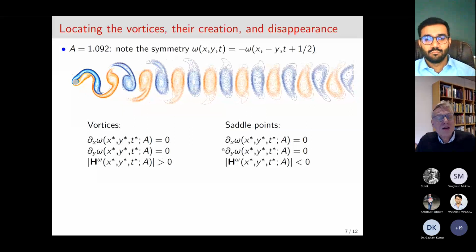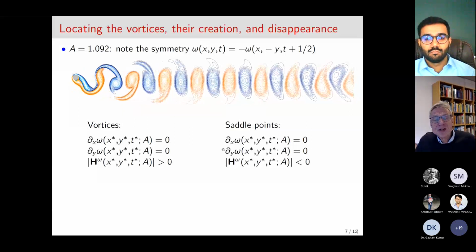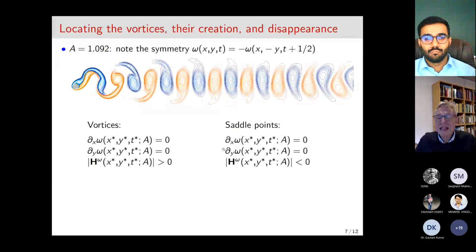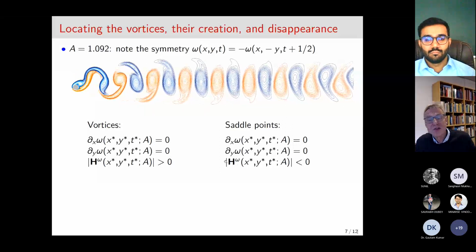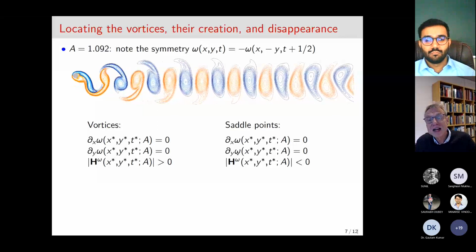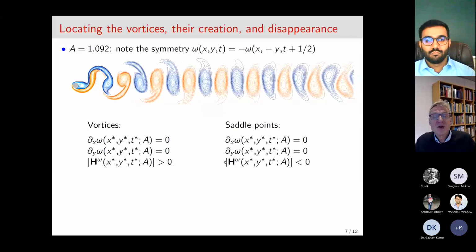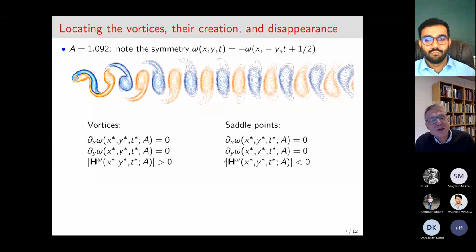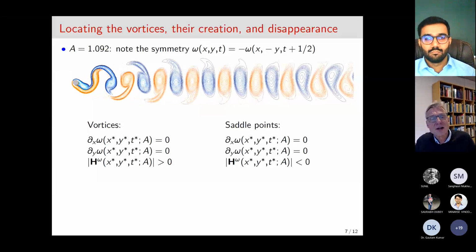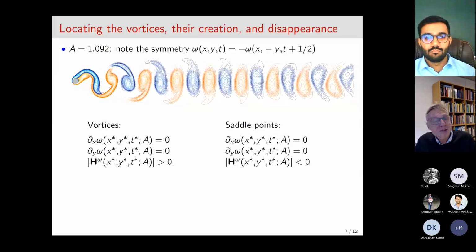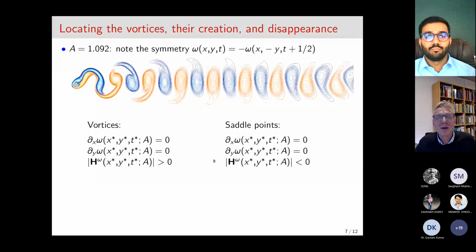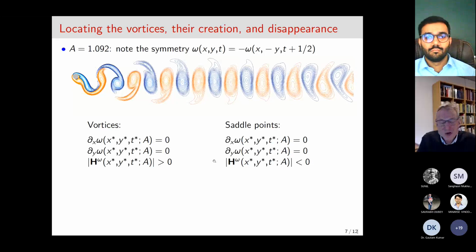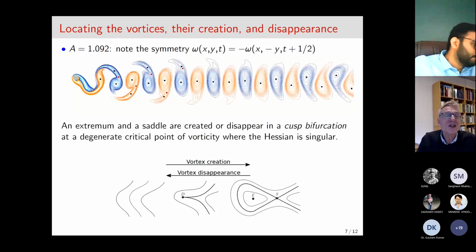But there are also other critical points of vorticity, and they have a negative determinant of the Hessian matrix, and they are saddle points. The physical significance of those is a little unclear, but they have to be there for topological reasons.